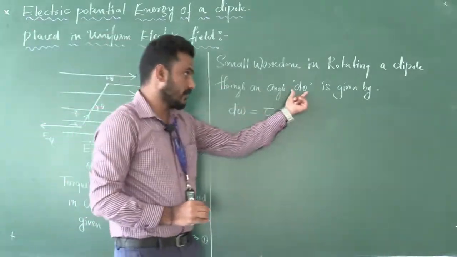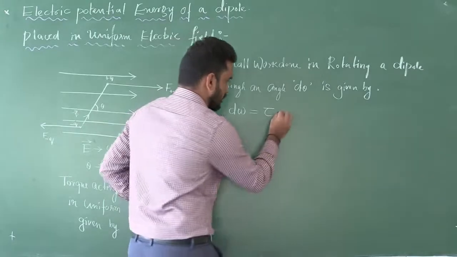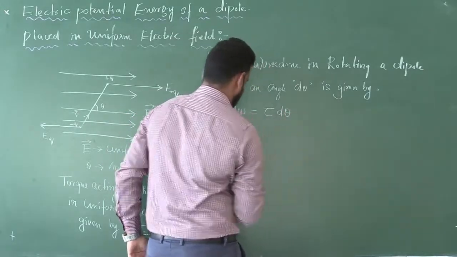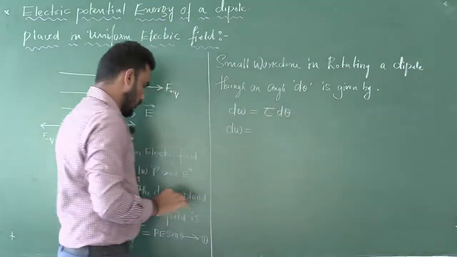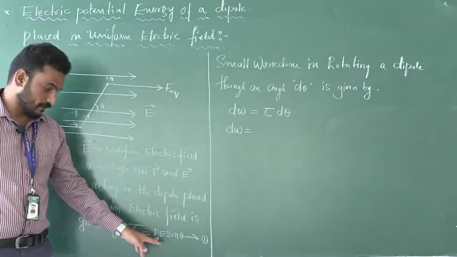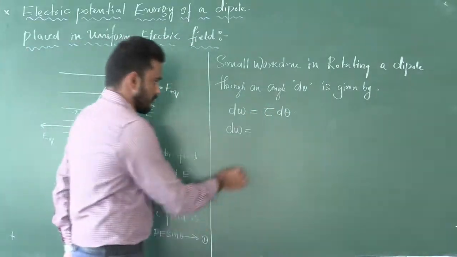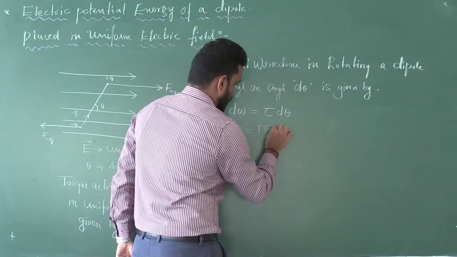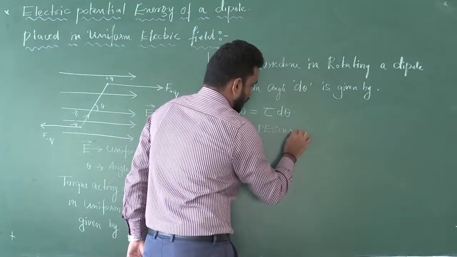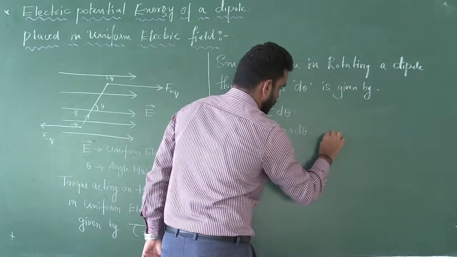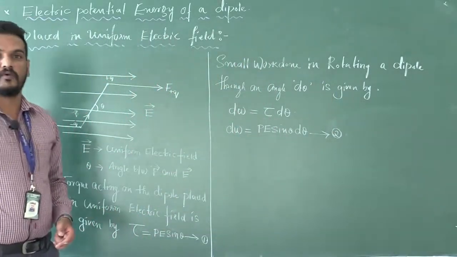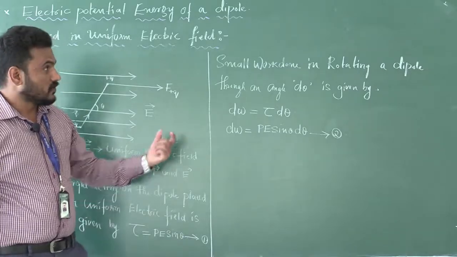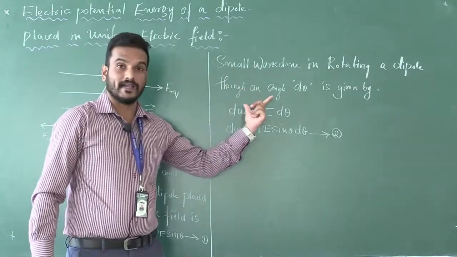What is the displacement? Through d theta. So d theta. Then dW is equal to, in the place of tau, we have a value, that is PE sin theta, PE sin theta into d theta. Equation number 2.